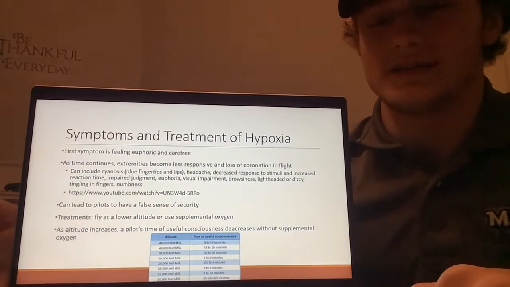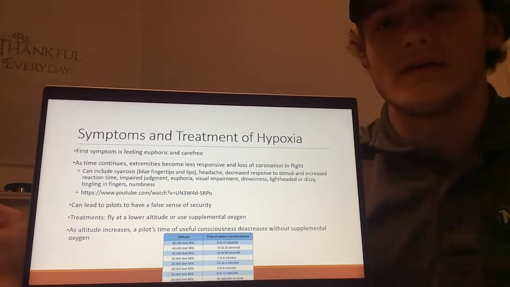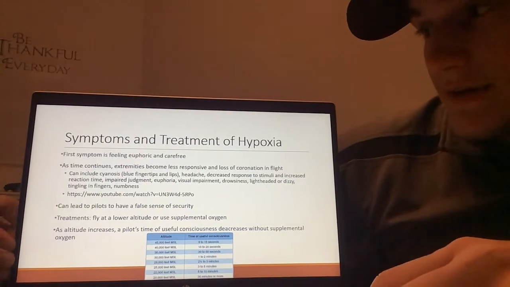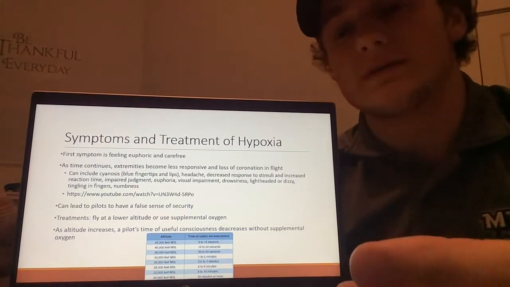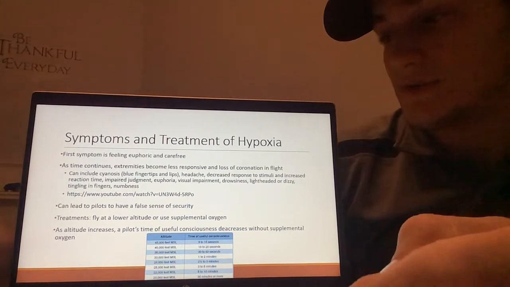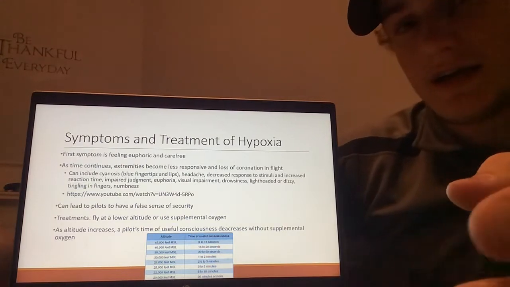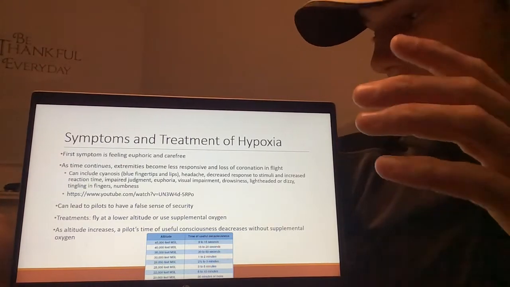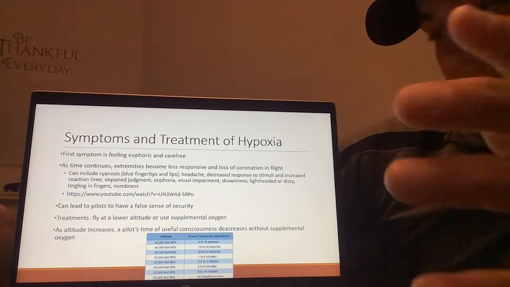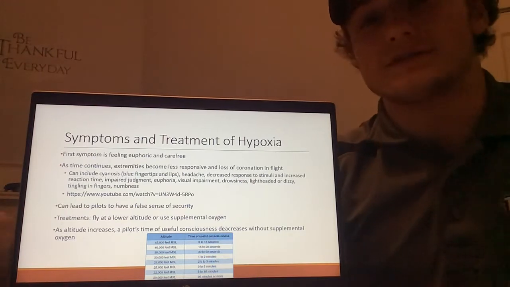Some main symptoms, which can vary from individual to individual, are cyanosis, which is blue tipped fingers or blue lips. You can have a headache, decreased response to stimuli, and an increased reaction time, impaired judgment, euphoria, visual impairment, drowsiness, lightheadedness, and tingling in the fingers and numbness.